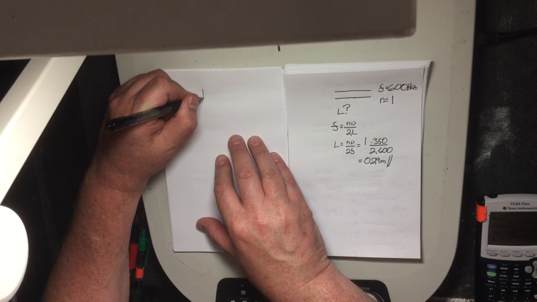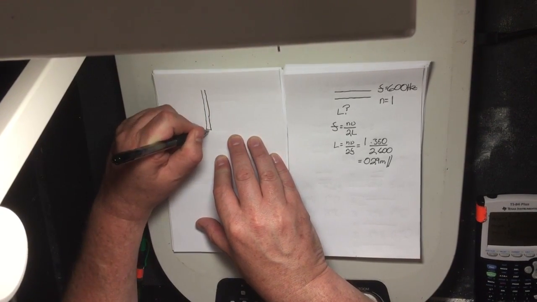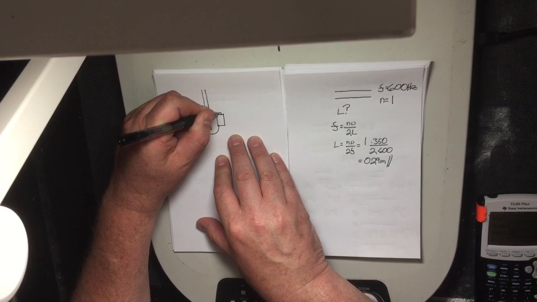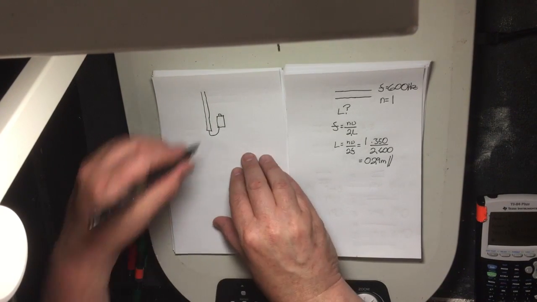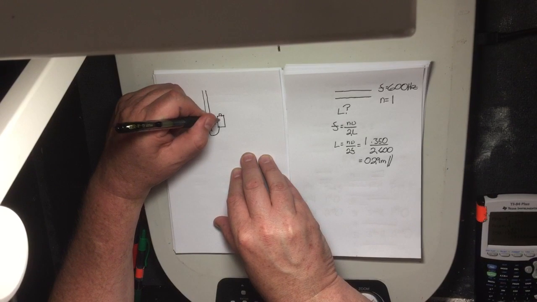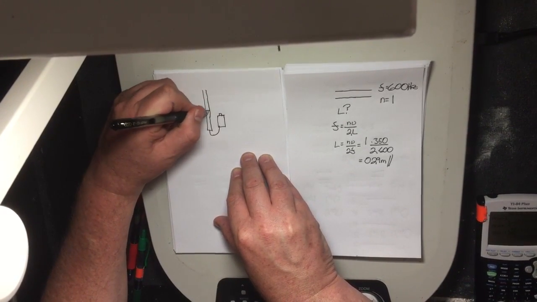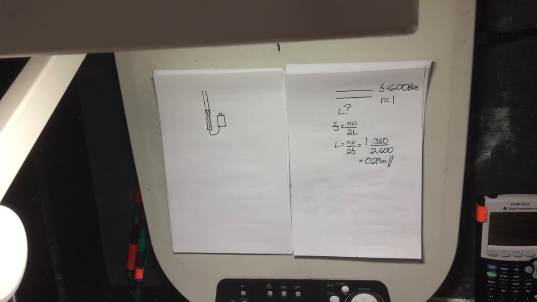You have a tube, and this tube is attached to a jar with a little lid on the top. And if you lift this jug up, the water flows into the pipe. If you lower the jug, the water drains out of the pipe into the jug.